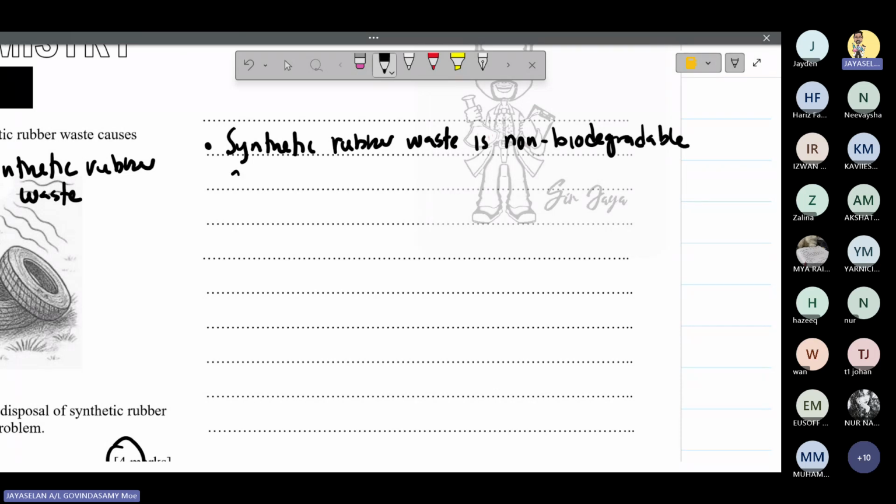Okay, and this can cause what? Can cause block the drainage system. Sama je macam plastik, drainage system, and this can cause what? Cause banjir kilat, flash flood. Okay, any question? Satu markah. So satu pollution dah ni.